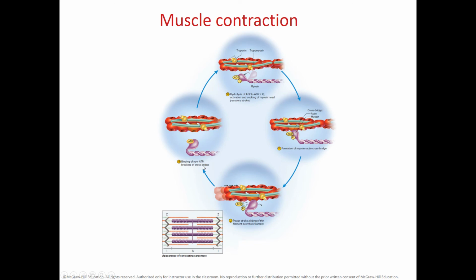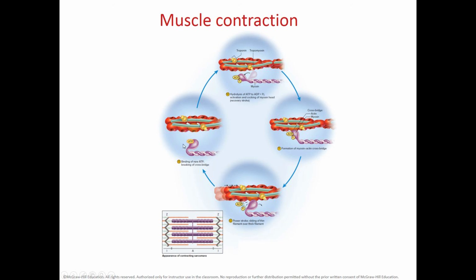So this is what happens. Then you will slide actin over myosin because you had the movement of the head of myosin that has bound, forming a cross bridge with actin at its actin binding site, and then this will pull towards the center of the A band or the M line, and this will shorten the sarcomeres.